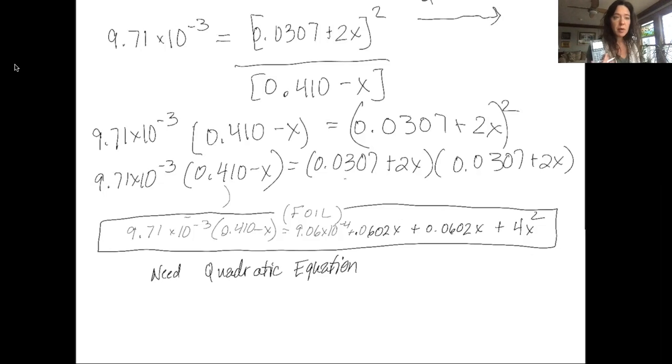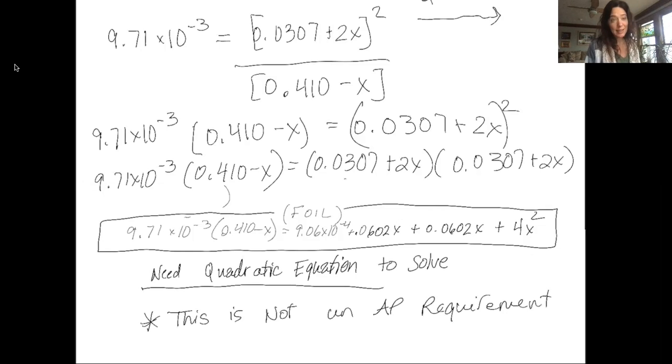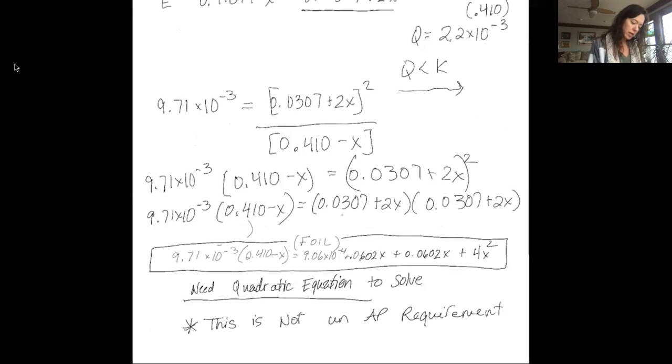I do not know how to put it in my calculator, so I'm not going to continue. We need the quadratic equation to solve. This will not be on your AP exam. But what I wanted you to see is that's what we would need. We can't solve this problem without utilizing the quadratic equation.